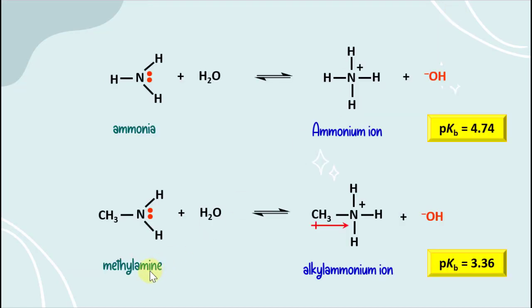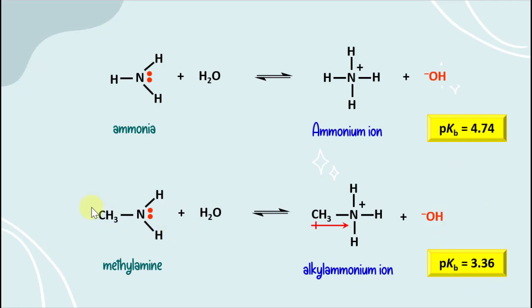Since amines is a derivative of ammonia, both are weak bases. When it dissociates in water, ammonia will form an ammonium ion while amines will form an alkyl ammonium ion. The pKb value for amines is lower than ammonia. So this shows that amines has higher basicity compared to ammonia.